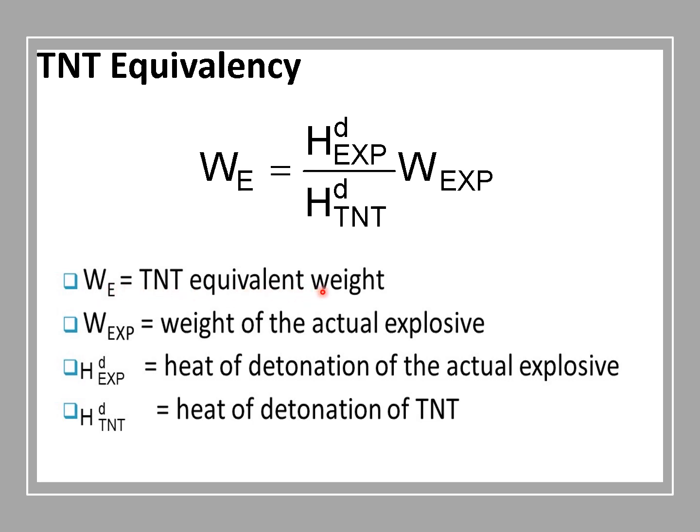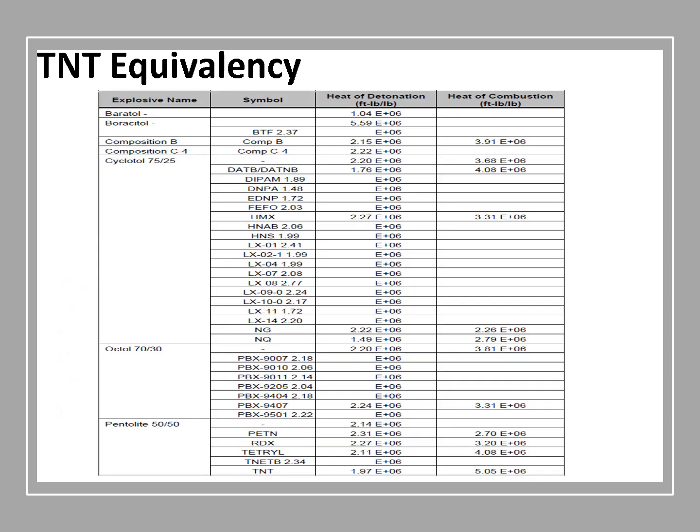Knowing that the effects of the energy output of an explosive material of a specific shape, relative to that of TNT of similar shape, can be expressed as a function of the heat of detonation of the two materials, the equivalent weight of that explosive can be obtained according to this equation. To utilize in the equation, this table can be used to determine the heat of detonation of various explosives.